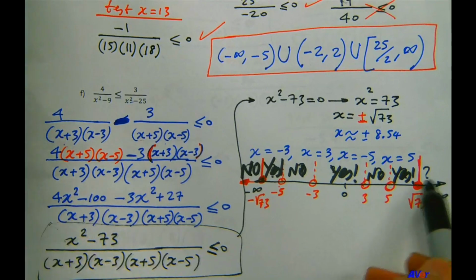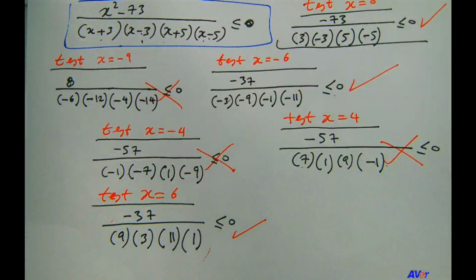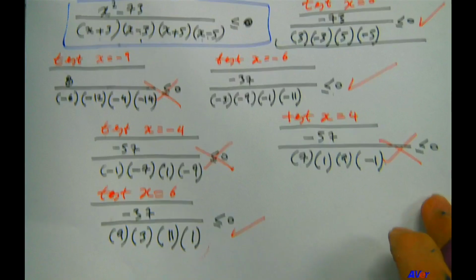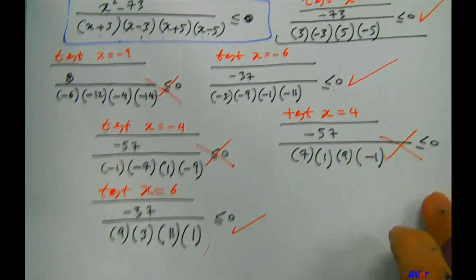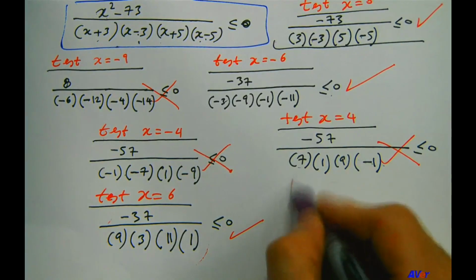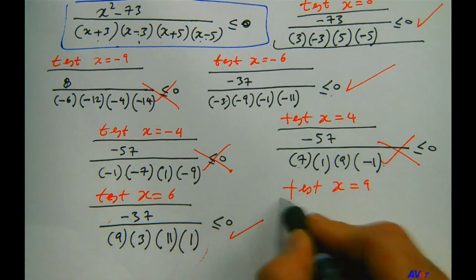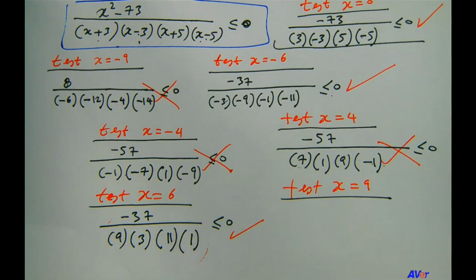So we have to check right after positive square root of 73. Let's pick 9, right? So testing like that. So test x equals 9. So 9 squared is 81 minus 73.